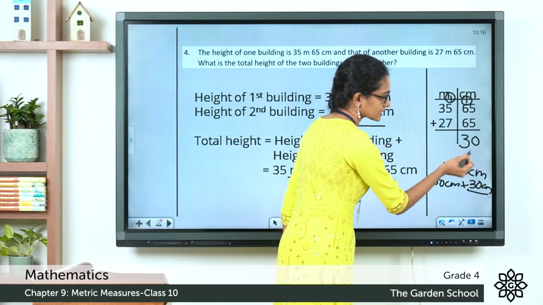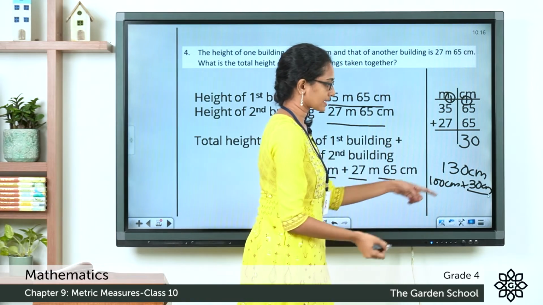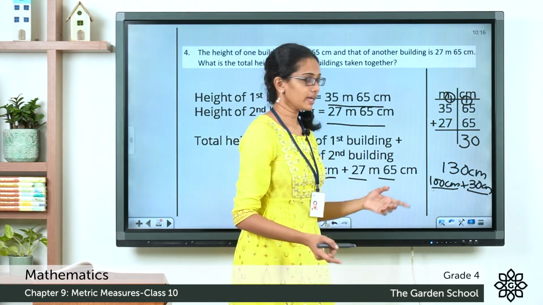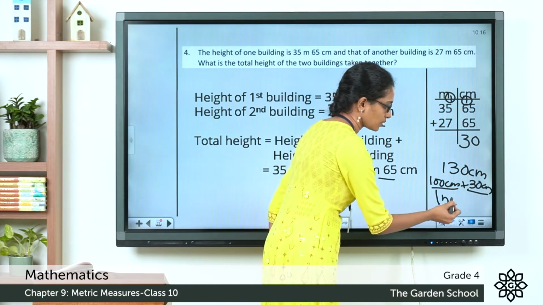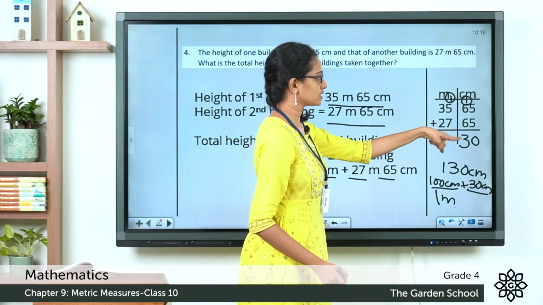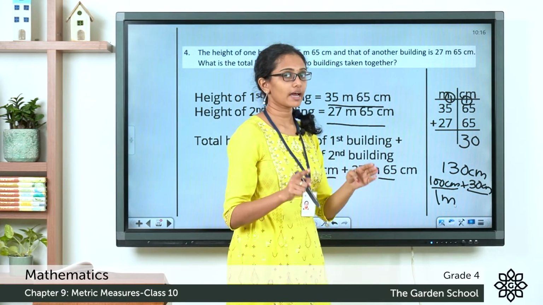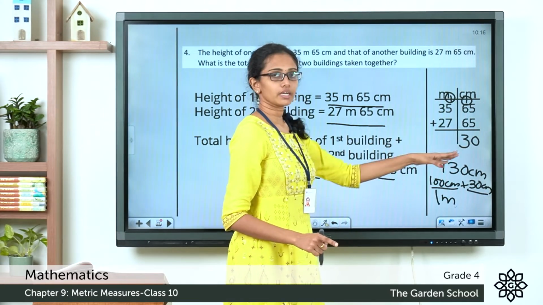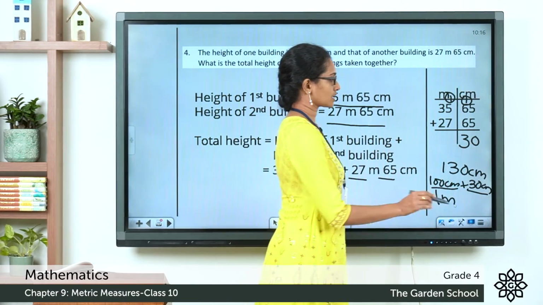So we write that 30 centimeter in the centimeter column and carry over the 100 centimeter to the meter column. Why? Because 100 centimeters is equal to 1 meter. So when you are carrying over this one from this 13 to the meter column, you are actually carrying over 100 centimeters or 1 meter to the meter column. So just keep this in mind.